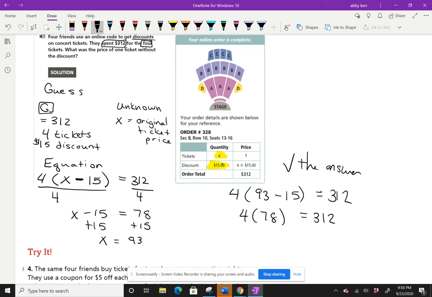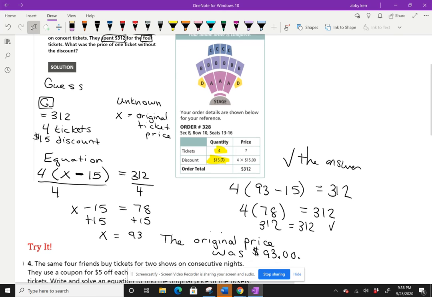And then if you multiply 78 times 4, that gets you the 312. And then that equals 312, so you know you're right. It's a true statement. So in your sentence, you could say the original price was $93. And you don't have to do the .00. I just did it because I'm used to writing that.